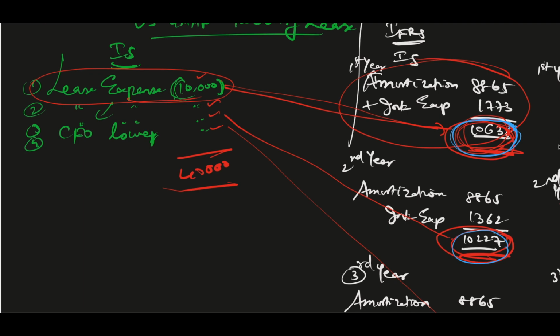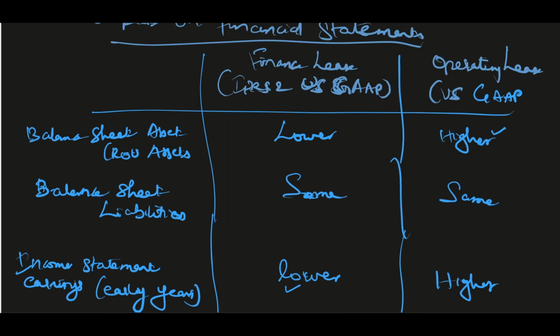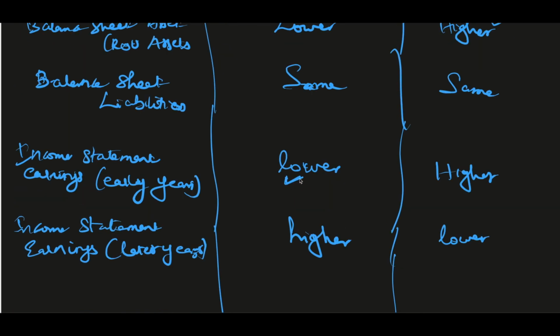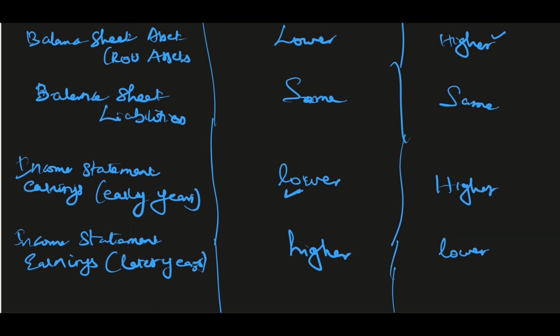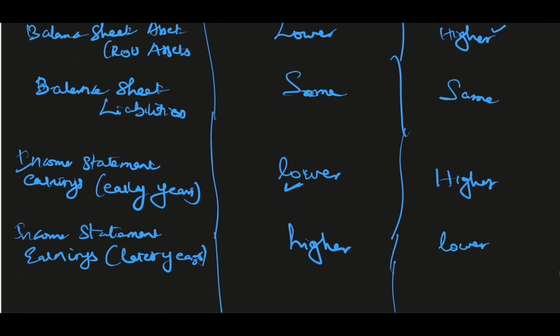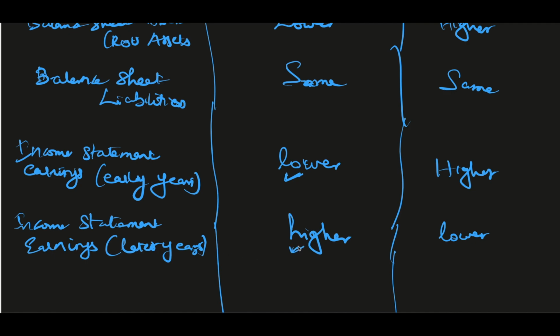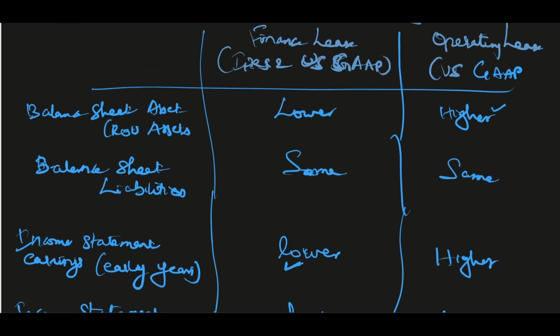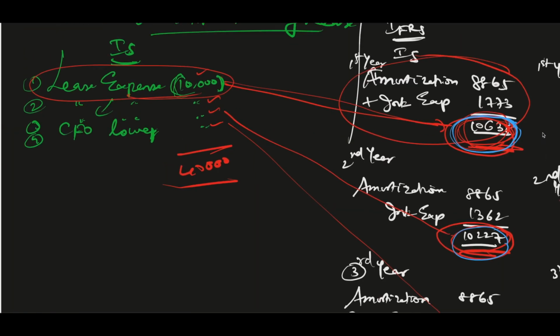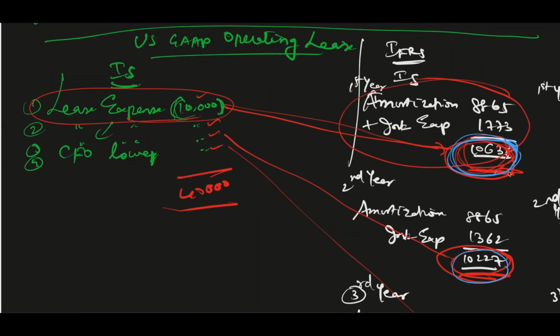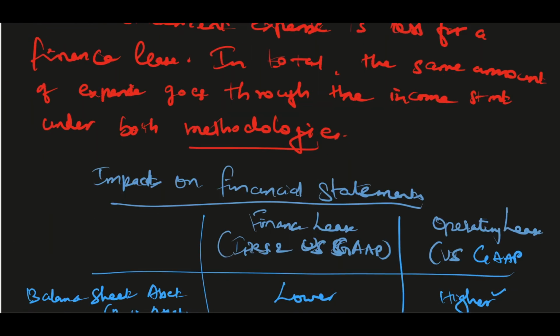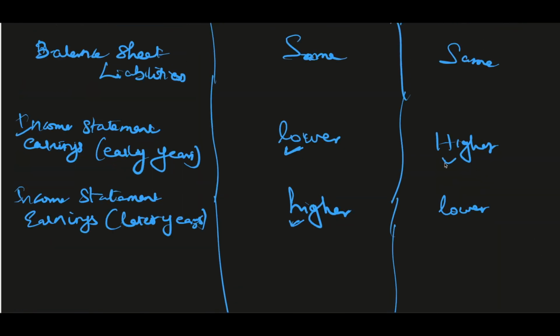Okay, under finance the income is going to be lower, and at the later stage it will be higher. So when expenses are higher here, that means lower income, and comparatively lower expenses here means higher income for operating.